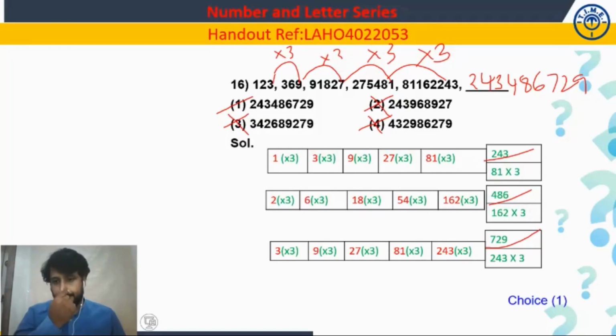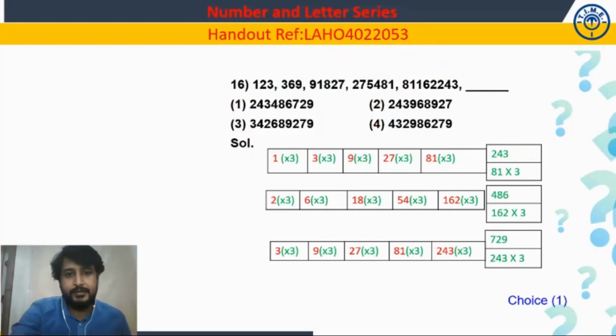Choice 1. I'll wait for some time. Please note the logic. The given series is separated in this way: 1, 2, 3, 3, 6, 9, 9, 18, 27, 27, 54, 81.